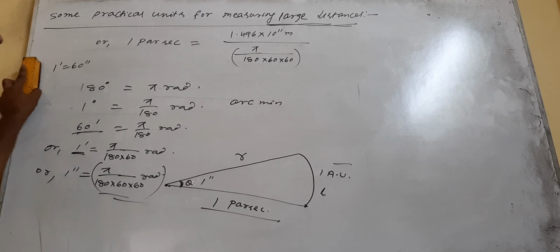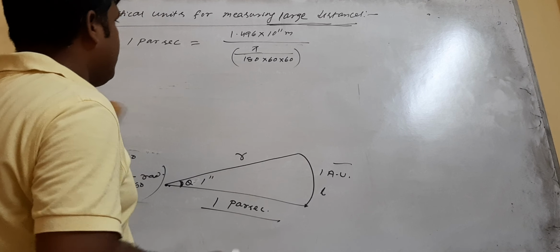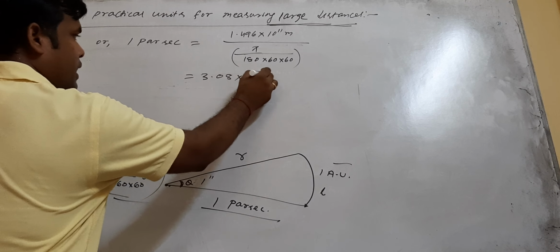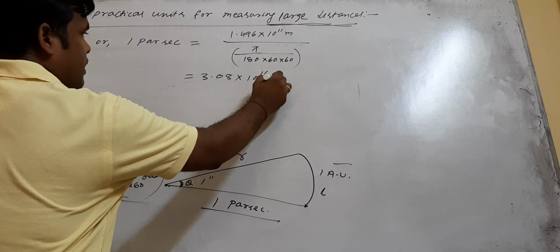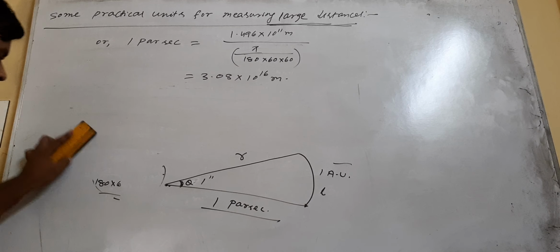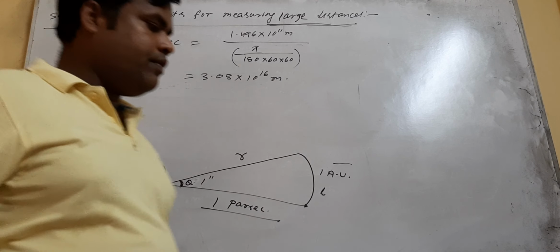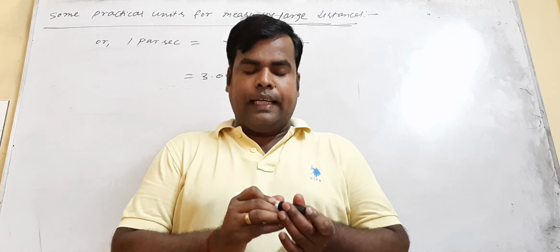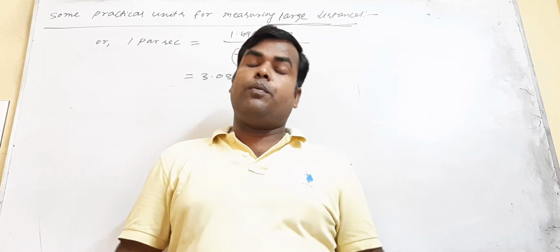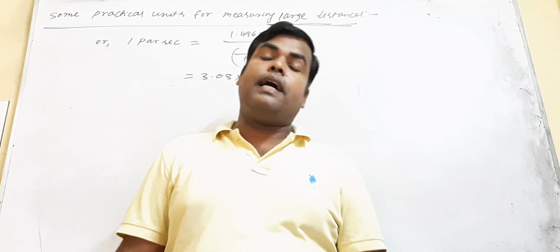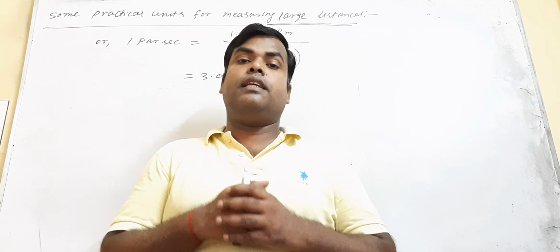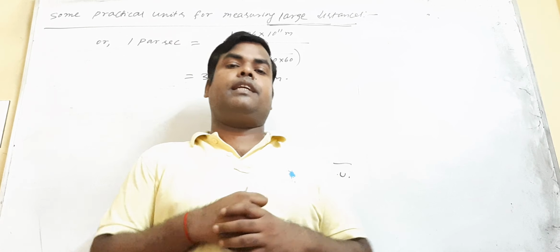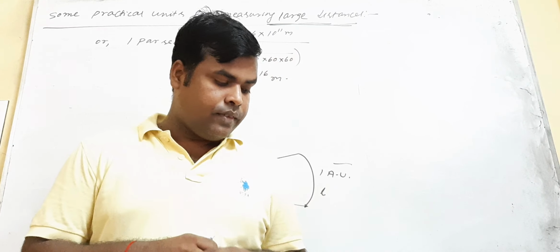When you calculate, you will get 3.08 into 10 to the power 16 meter. These three units, that is light year, astronomical unit and par second, are the practical units for measuring large distance.